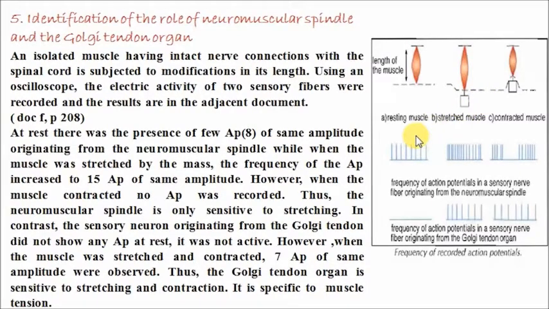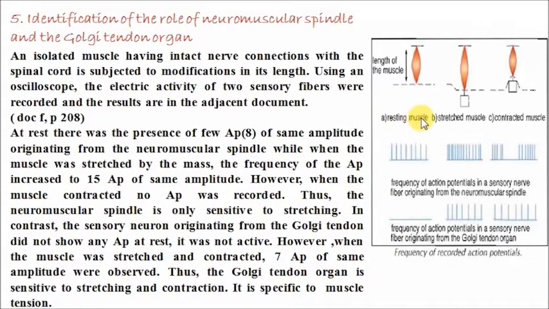Okay, now what is happening here is they are recording the frequency of the action potential in the sensory nerve originating from the neuromuscular spindle, that is, from the receptor, and the action potential in the sensory fiber coming from the Golgi tendon organ.